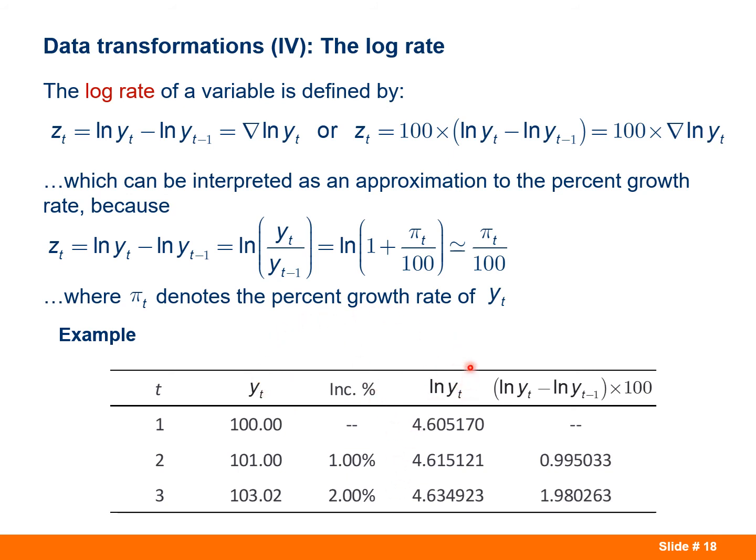And if I compute log yt minus log yt minus 1 multiplied by 100 to make the values comparable with the percent increase, we see that the first value is very close to 1% and the second value is very close to 2%. So we can understand these values here as an approximation of the standard growth rate. And we can also interpret these values here as a different rate of growth, the logarithmic rate of growth.